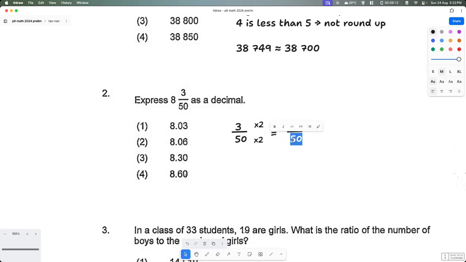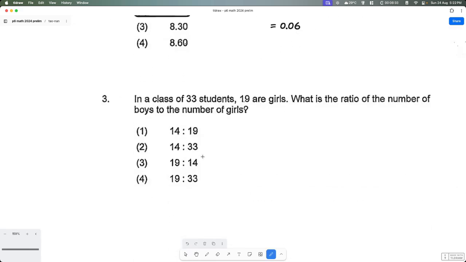So this will become 100, and what would 3 become? It will become 6. So that means this will equal 0.06, which is option number 2 in this case. So yeah, let's move on to the next question.